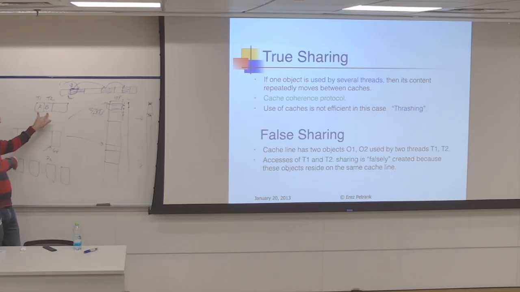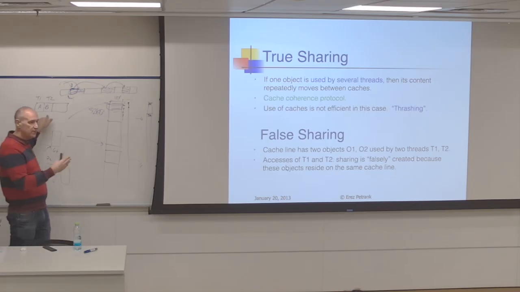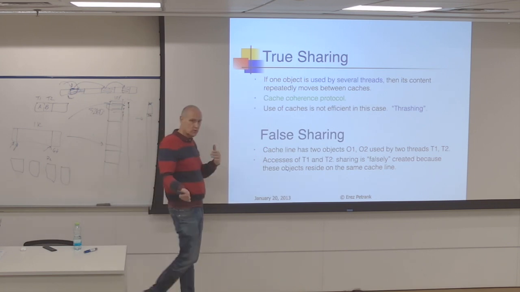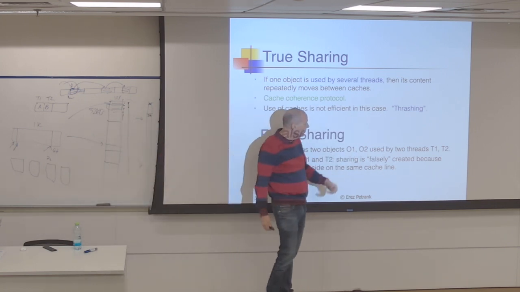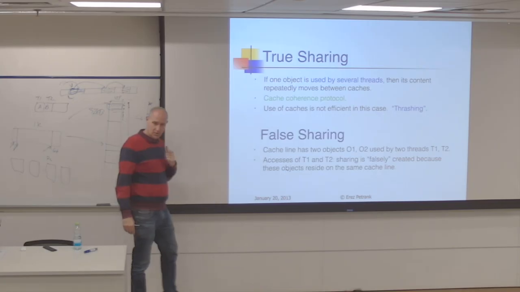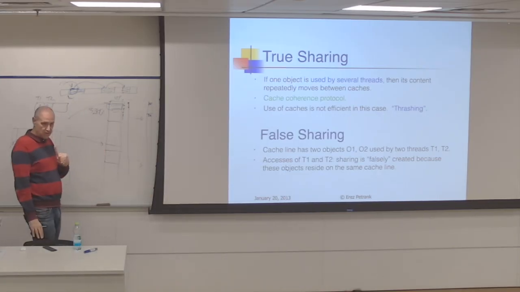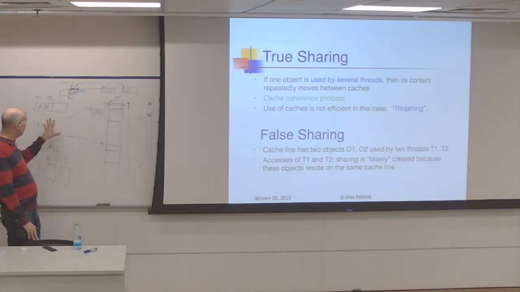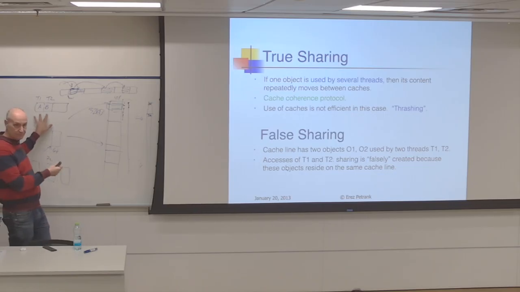And it has to go from one core to another just because T1 touches A, writes to A maybe, and T2 writes or reads B. So it kind of goes back and forth. It's thrashing again. And this is false sharing. They're not sharing an object. They're just sharing because the allocator decided to put the two objects on the same cache line.